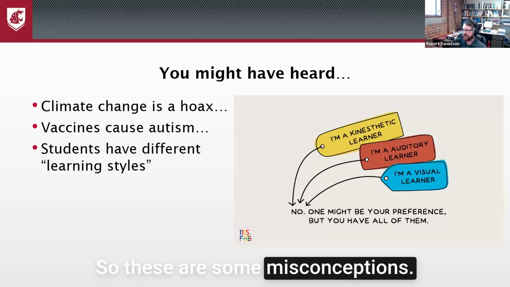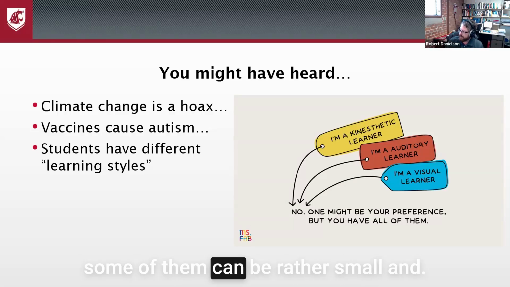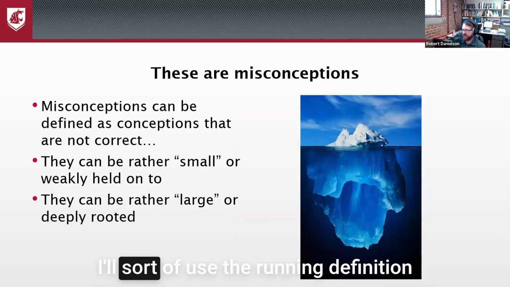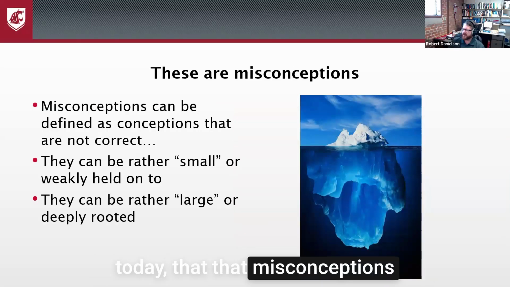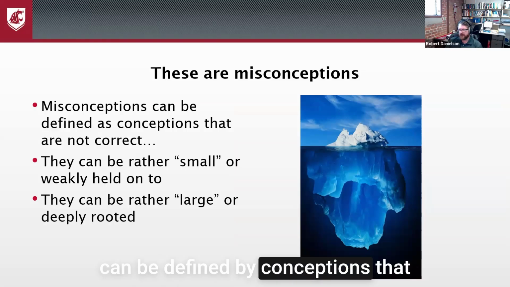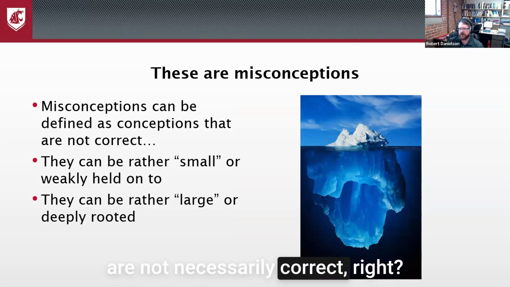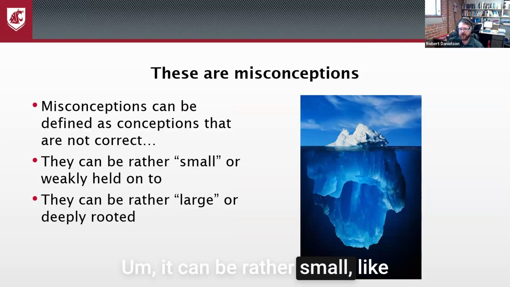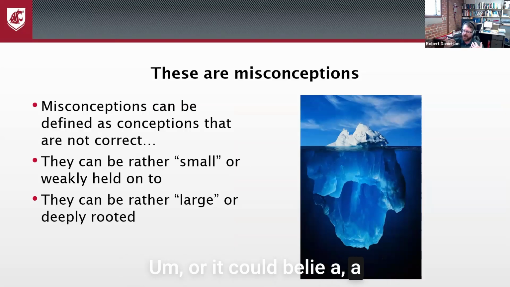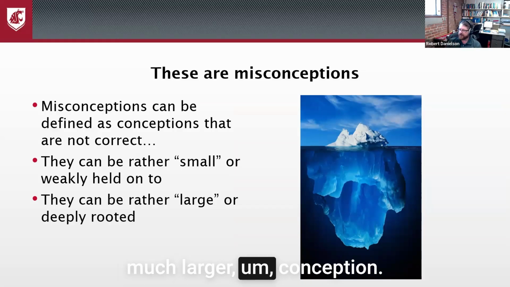So these are some misconceptions. Some of them can be rather big, and some of them can be rather small. And I'll use the running definition today that misconceptions can be defined as conceptions that are not necessarily correct, right? It can be rather small, like this is how you catch a cold, or it could belie a much larger conception.